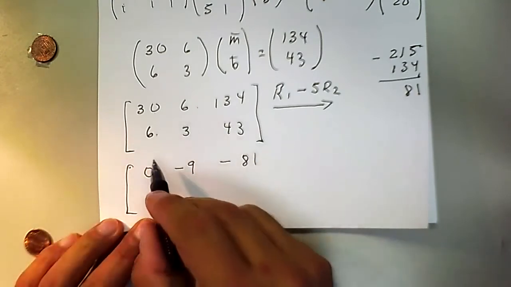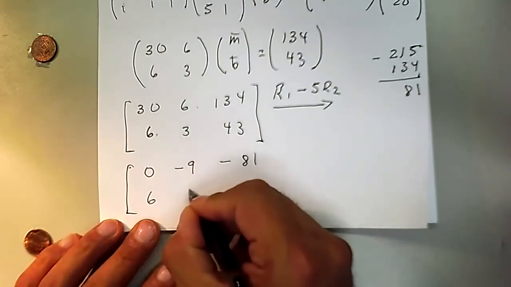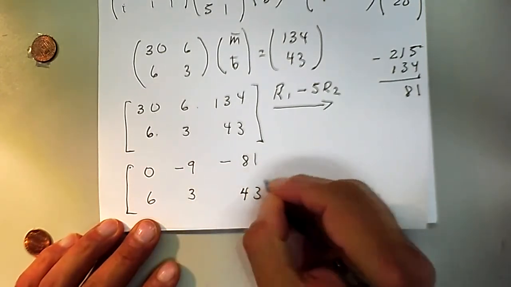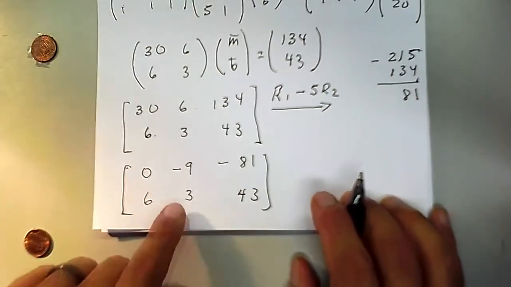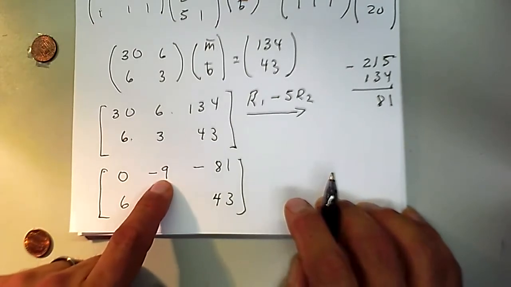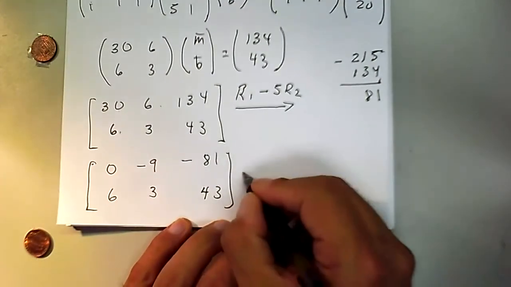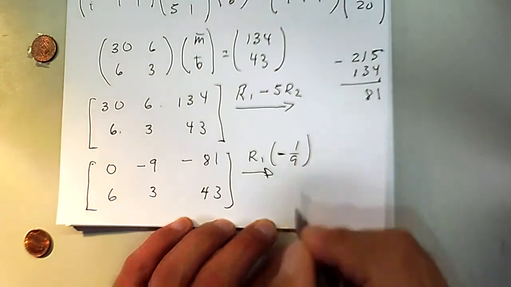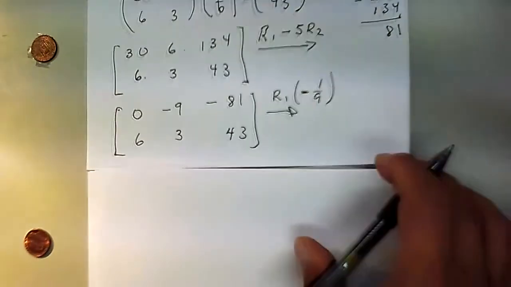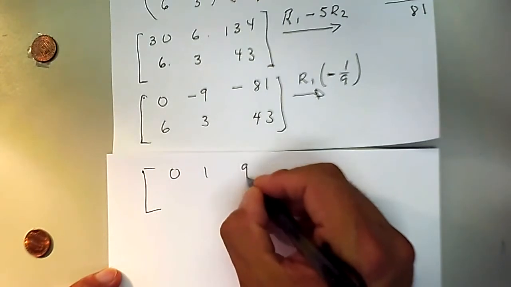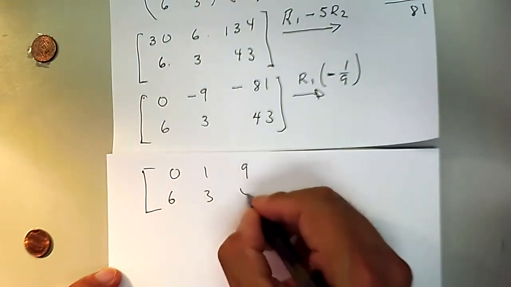Anyway, let's just keep the 6, 3, and 43. And then we can get rid of the -9 by multiplying R1 by -1/9. Yep, so I'm going to continue on the next page here, and we got 0, 1, 9, 6, 3, 43.